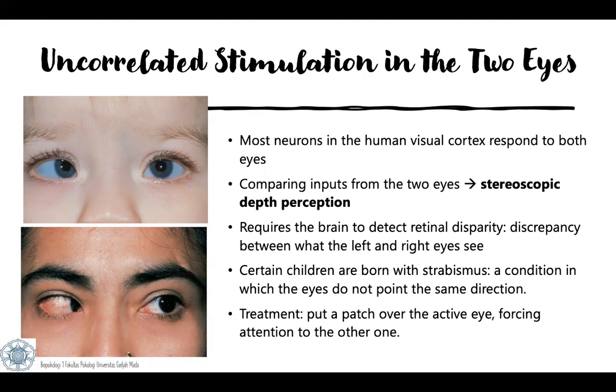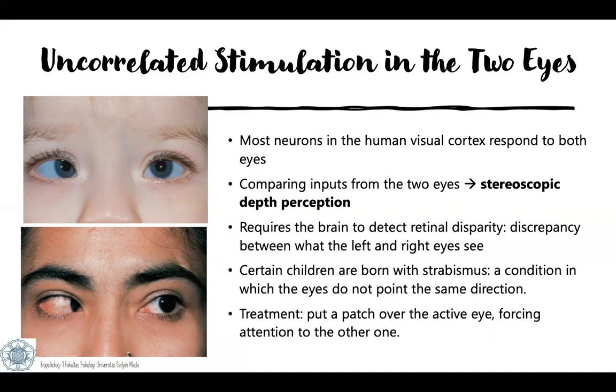Stereoscopic depth perception requires the brain to detect retinal disparity, the discrepancy between what the left and the right eye see. But abnormal experience can disrupt it. Each neuron in the visual cortex becomes responsive to one eye or the other, and few neurons respond to both. And the behavioral result is poor depth perception.